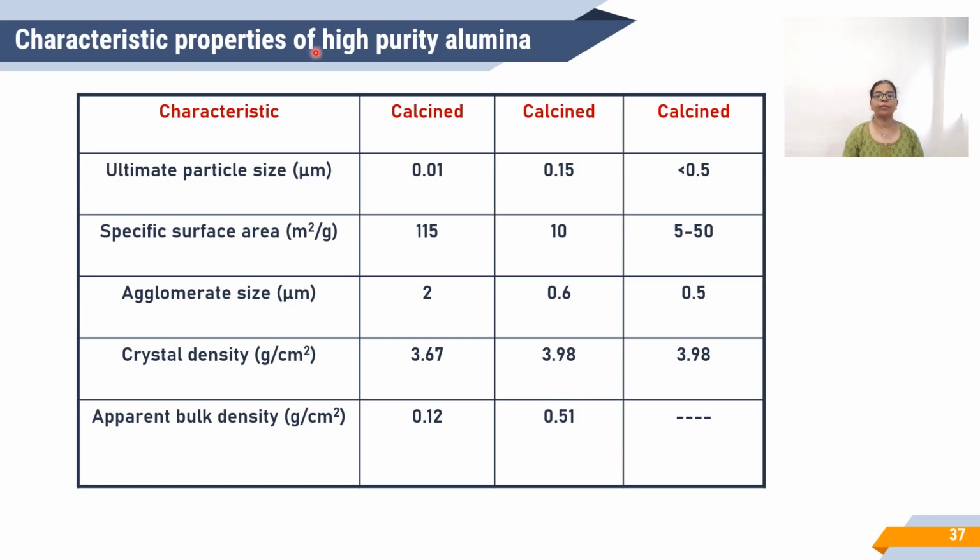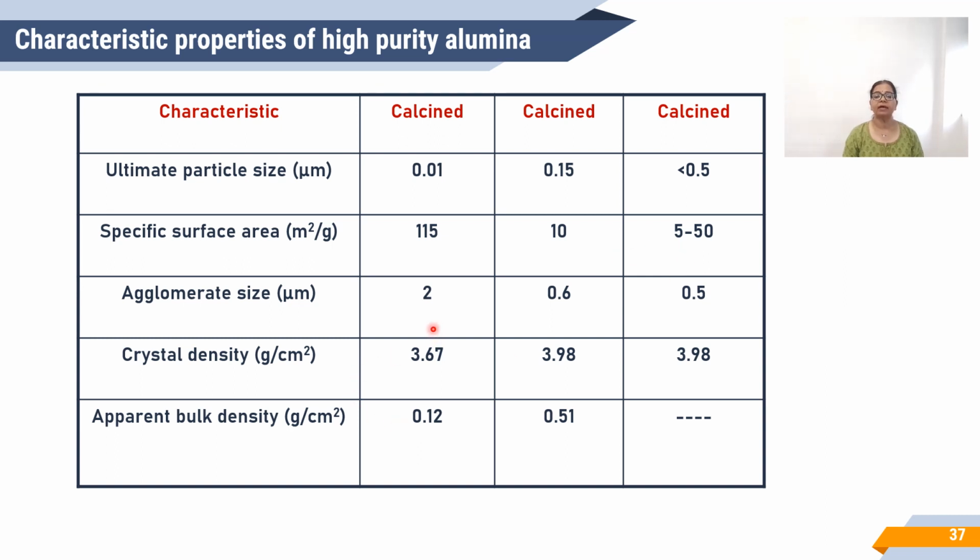And the characteristic properties of high purity alumina is the ultimate particle size, that is in micron, is 0.01 to 0.15 and less than 0.5 micron. Specific surface area is high, that is 115, because the particle size is very small and it is produced by special methods. The specific surface area is high, that is 115 meters square per gram, and the calcined part is the other, 10 and 50 to 50 meters square per gram.